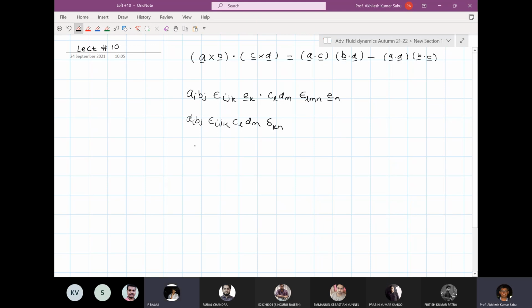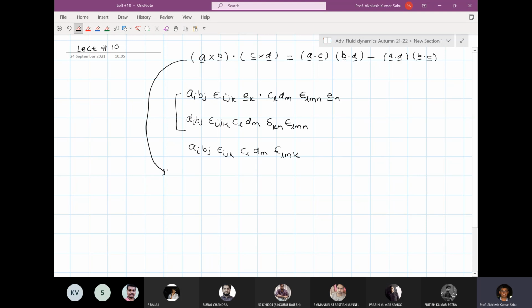And then I can write epsilon_lmn will be there. Epsilon_ijk, C_l D_m and then kn, so let's say lmk. I can skip these two steps, right? And I can directly write this one as C.